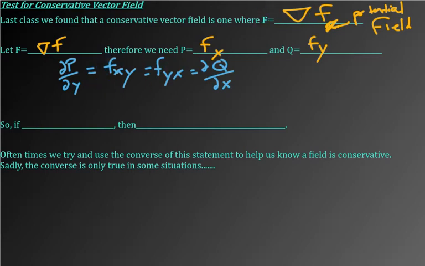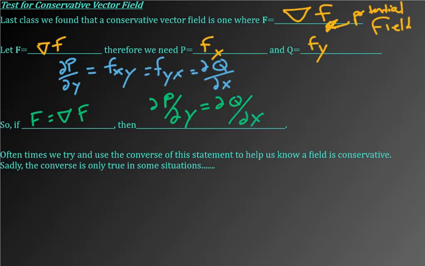Okay, so if the field is conservative, so if we've got capital F equaling the gradient of f, then we really need to have this result with the partials. We need to have that the partial of P with respect to y should equal the partial of Q with respect to x.